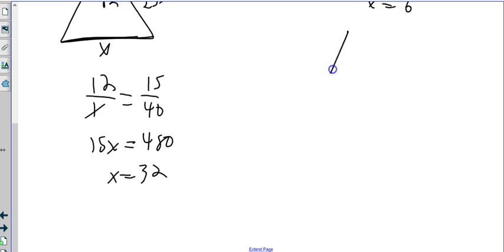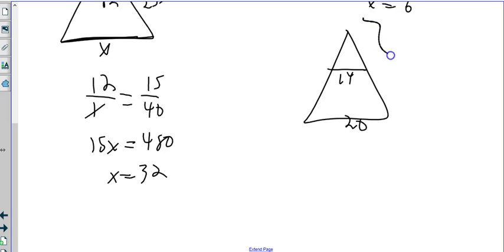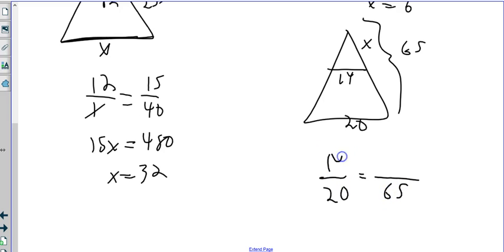Now we'll just do one more here. 14, 20, this is similar. We know this is 65, and we're trying to find this. Well, this is just like the other one, except this time we have the whole. And we're looking for a small piece. So again, the 20 and 65 are going to go on the bottom. The 14 goes with the 20, the x goes with the 65.